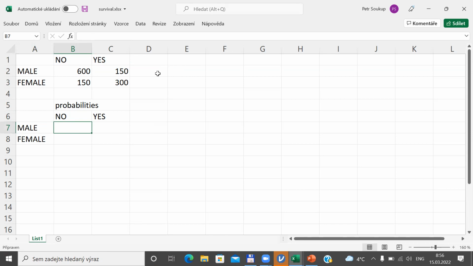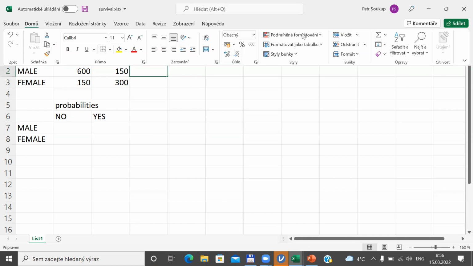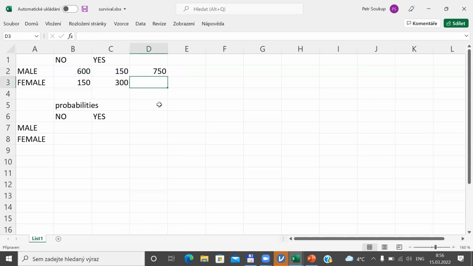First of all, it would be good to sum up all male and all female passengers. So I will make a sum for simplicity here: 750 and 450. And I guess the probability of a male to be dead in this Titanic disaster can be computed as 600 divided by 750.